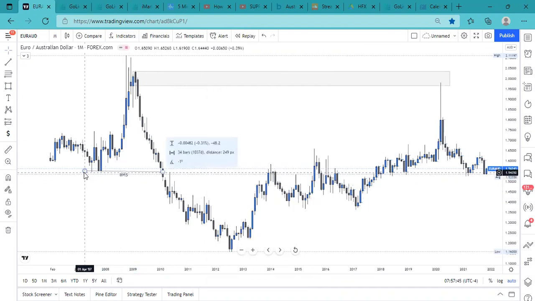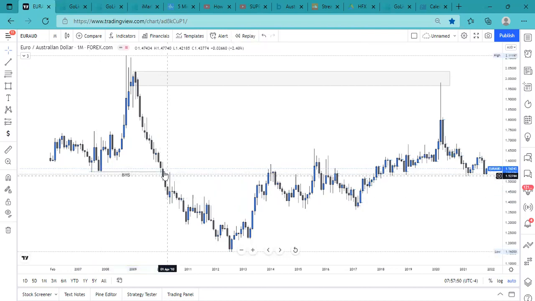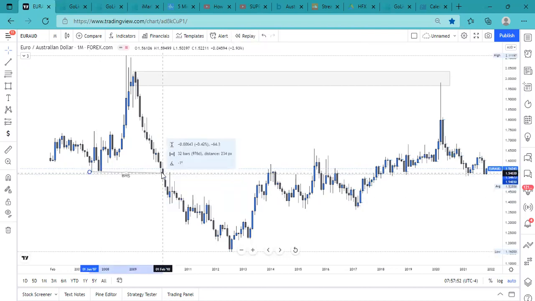We have a break of market structure in this area. Price closed below that low, changing the structure from an uptrend to a downtrend.